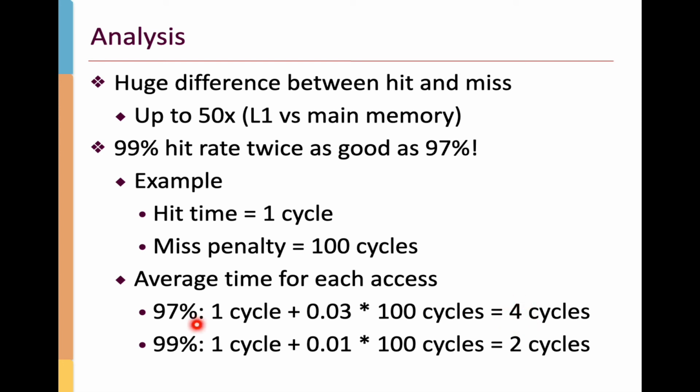In contrast, with a hit rate of 99%, we still pay the 1 cycle for all the hits, plus an average of 0.01 times 100 cycles because of the 1% miss rate, resulting in an average access time of 2 cycles. So just getting from 97 to 99% doubles the efficiency with which we access memory.